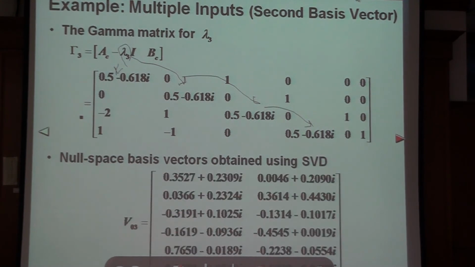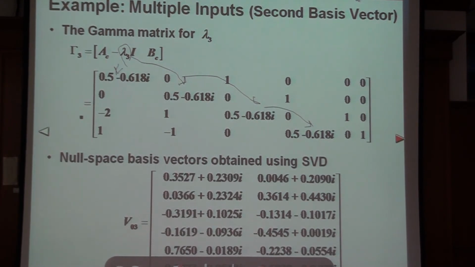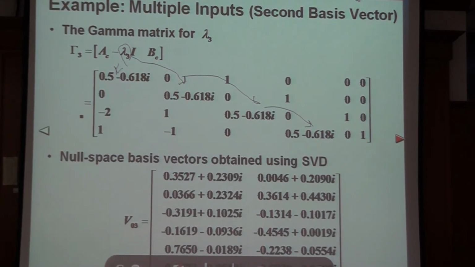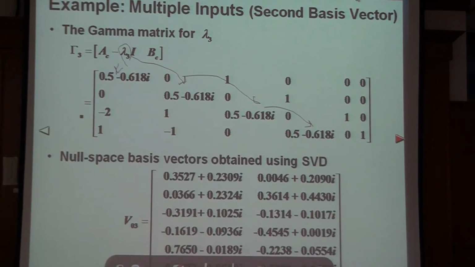The new null space vectors V03, see I skip number 2. Because number 2 is the conjugate of number 1. So I don't have to bother with number 2. For four eigenvalues, I need to do only two eigenvalues. Because the other two will be conjugates. So I have a two-vector null space.